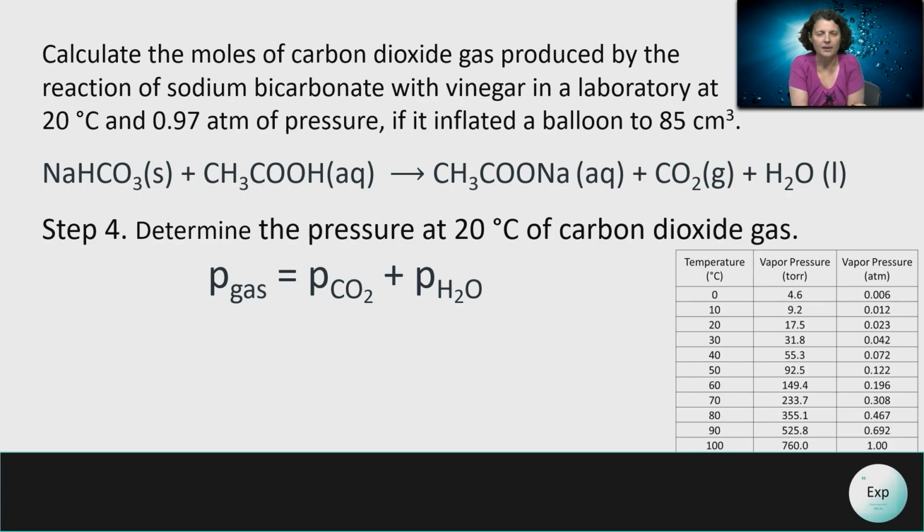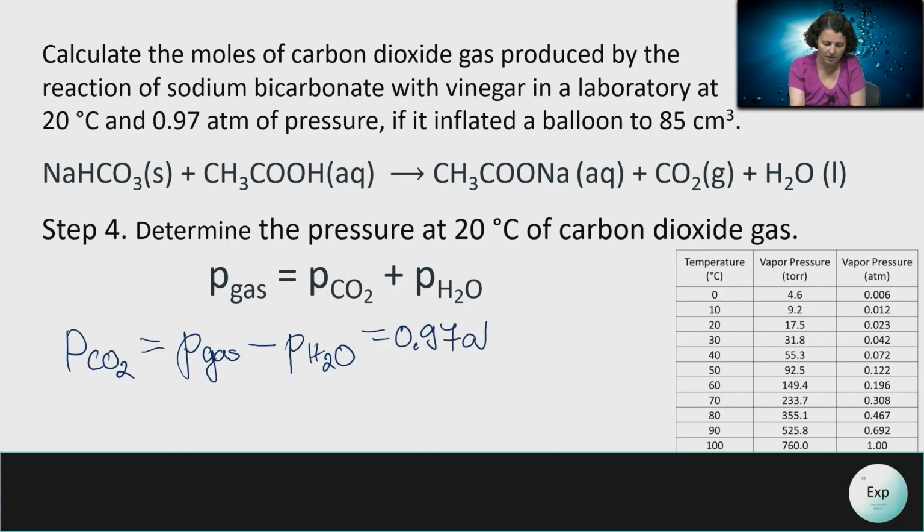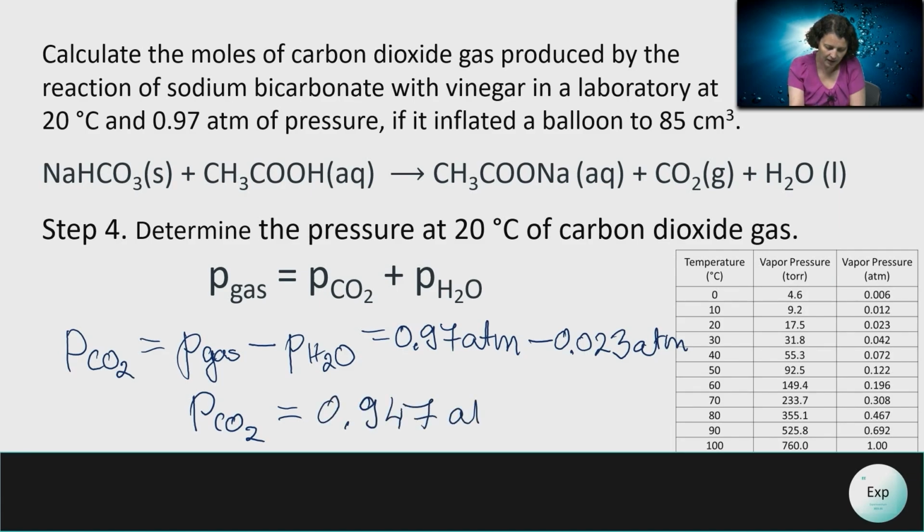In the next step, if we know the pressure of the environment, which is the same as the combined gas pressure, and we know the pressure of the water vapor, then we will be able to determine the pressure of carbon dioxide. So the pressure of carbon dioxide is the combined gas pressure minus the pressure of the water vapor, which in our case is 0.97 atmospheres minus 0.023 atmospheres, giving us a pressure of carbon dioxide of 0.947 atmospheres.